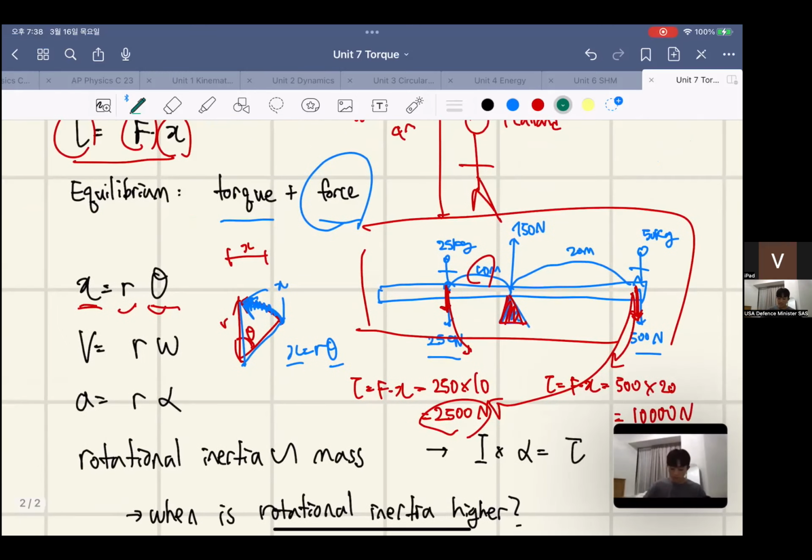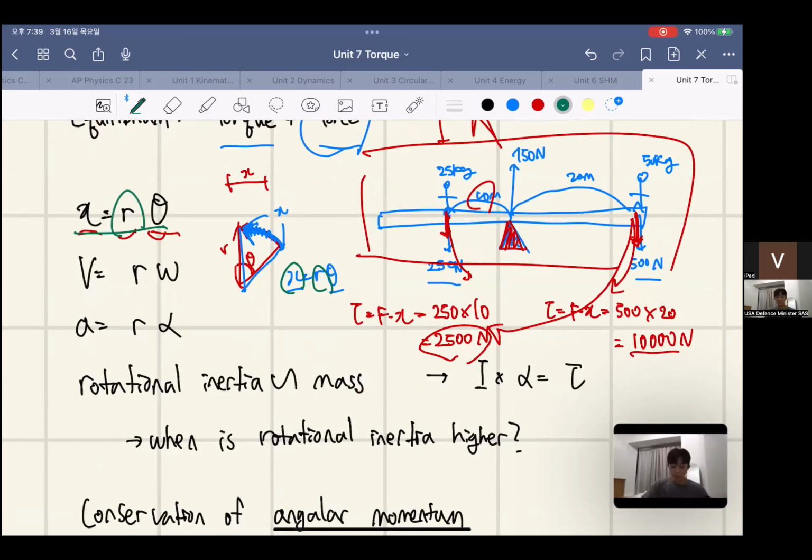Thus, what this tells us is that x, the kinematic distance the object moved, is also proportional to r, or the radius. Thus, we can make the formula x equals r times theta, where x means the literal linear distance the object traveled, while theta is rotational or angular distance, or how many degrees the object rotated. And the relationship between the two is, again, x is equal to r, the radius, times theta.